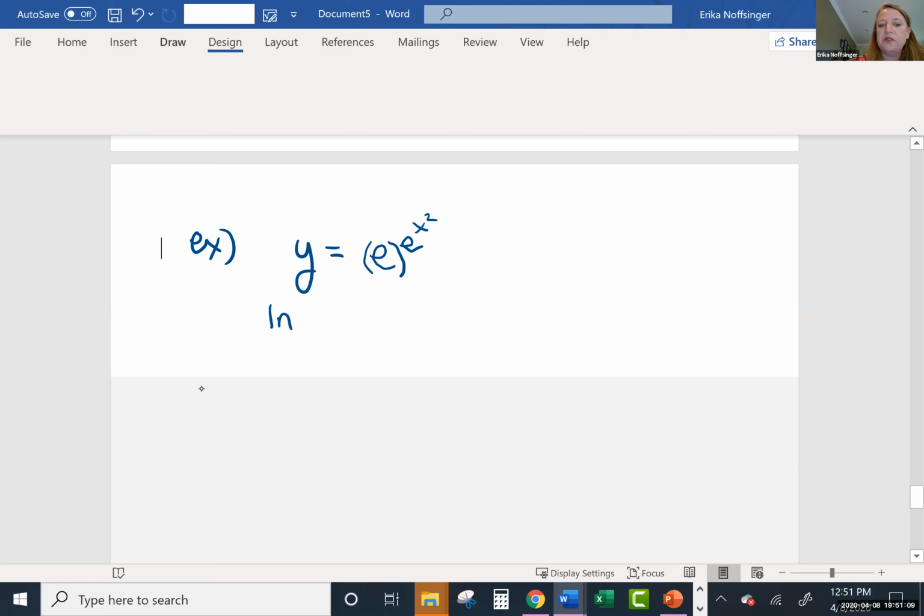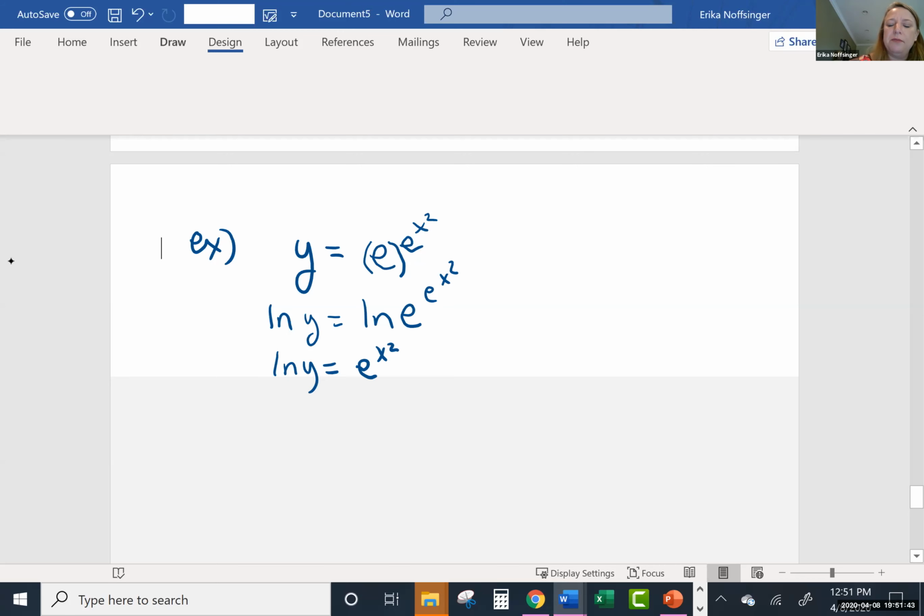Okay, so I would take the natural log of y equals the natural log of e raised to this exponent, e to the x squared. So I have natural log of y is equal to, again, natural log of e. This is saying e to what power gives you back e to this power, which is e to the x squared. So now I need to use implicit differentiation when I am taking the derivative of both sides.